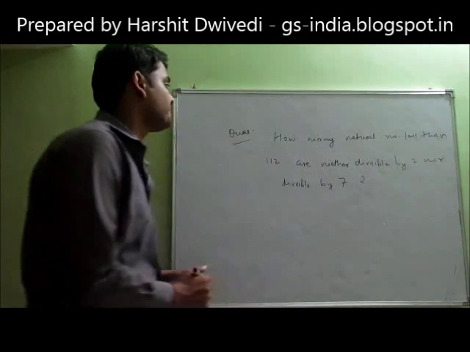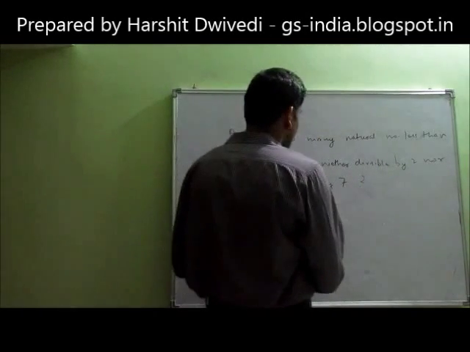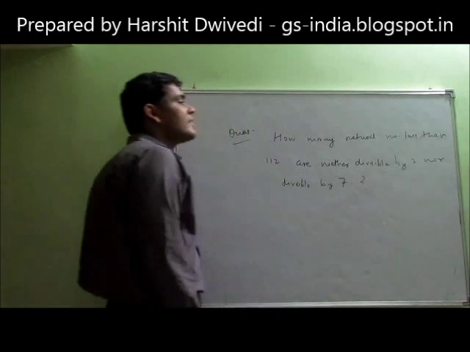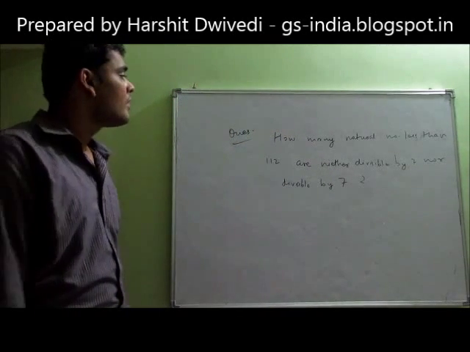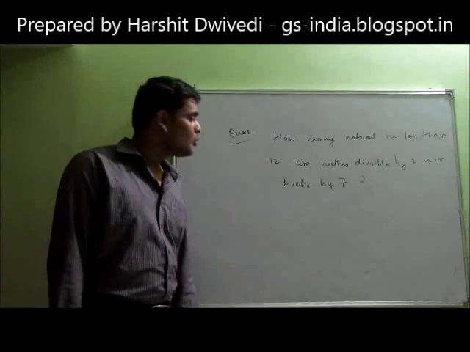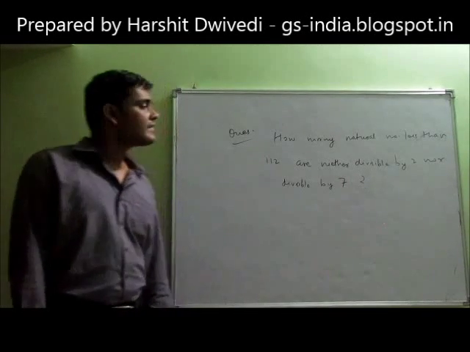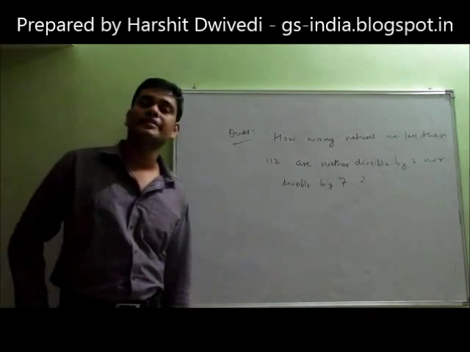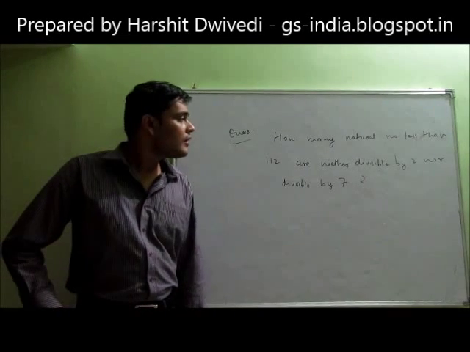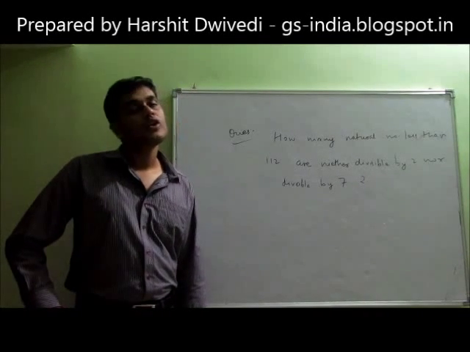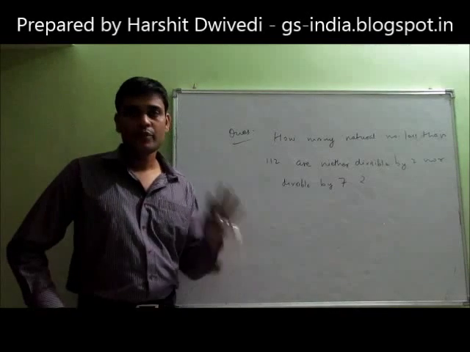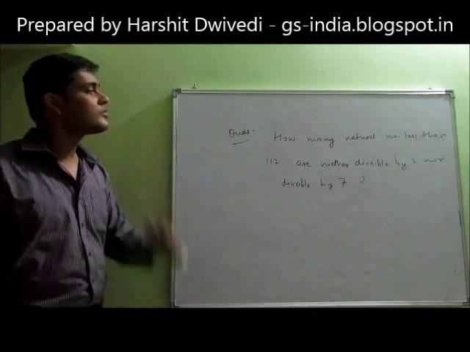This is the question. I just have to read the question in front of you. The question is that how many natural numbers less than 112 are neither divisible by 2 nor divisible by 7. That is, I have to find out all those natural numbers that are less than 112 which are not divisible by 2 and are not divisible by 7. This is my point. Let me just write down this question.